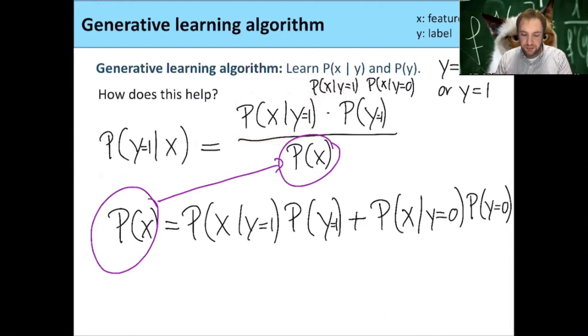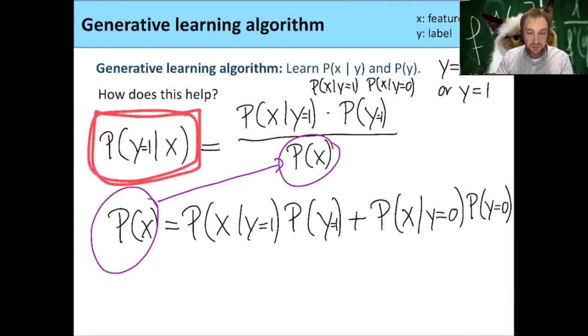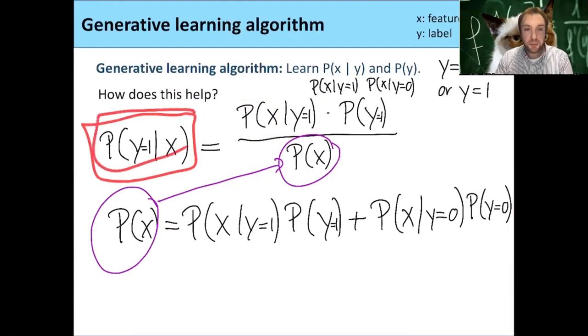In the study example, I don't want to know, assuming I passed the exam, what are my rough hours studied? I don't want the probability of, for example, I studied 15 hours, assuming I passed or failed the exam. What I'm really interested in is this probability here. And maybe in the email example, this is clearer: I want to know the probability of something being spam or not spam.